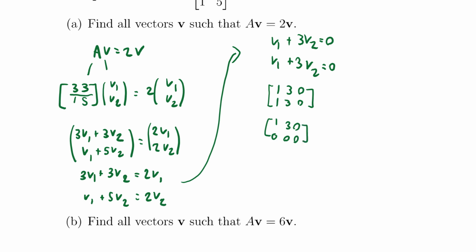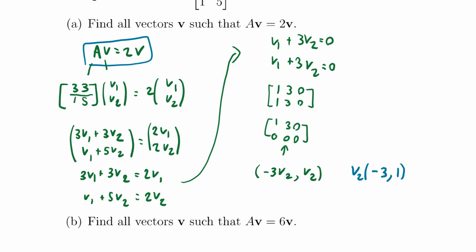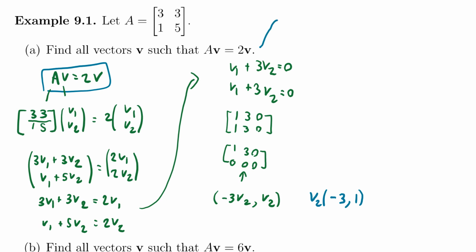So now my v2 is my free variable. The general solution for this equation would be (-3v2, v2). In other words, I can pull the v2 out. The solution for this matrix equation would be just v2 times (-3, 1). In other words, any scalar multiple.